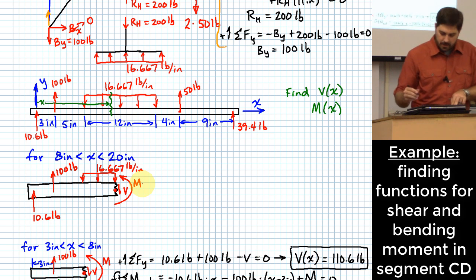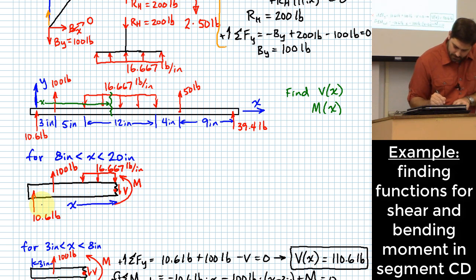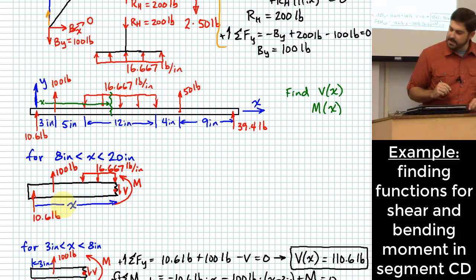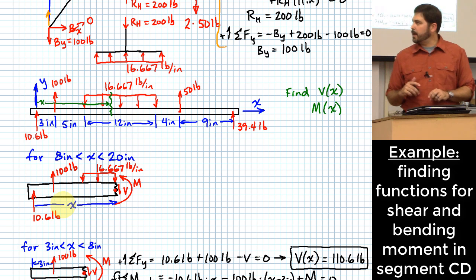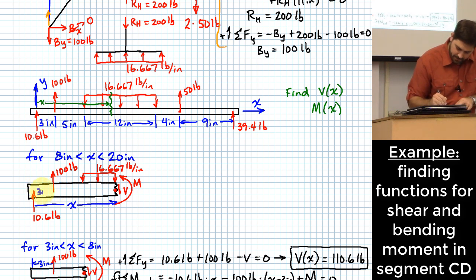Okay. What about my lengths? I have a distance of X from the 10.6 pounds to where I'm doing the cut. Right? I have 3 inches to the 100-pound force.